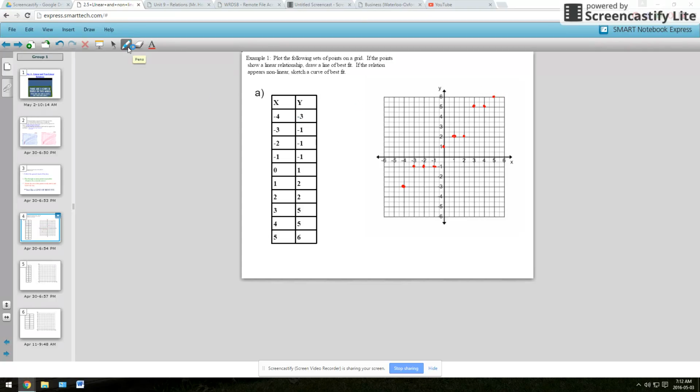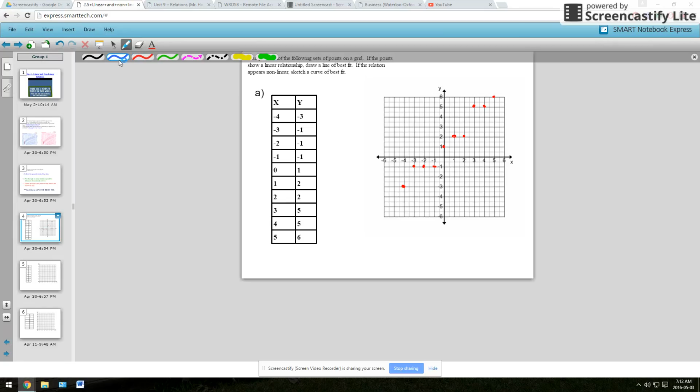All right, so this one looks to be relatively linear. If you follow the general trend of points, they look to be in a straight line, even though some are horizontally beside one another.